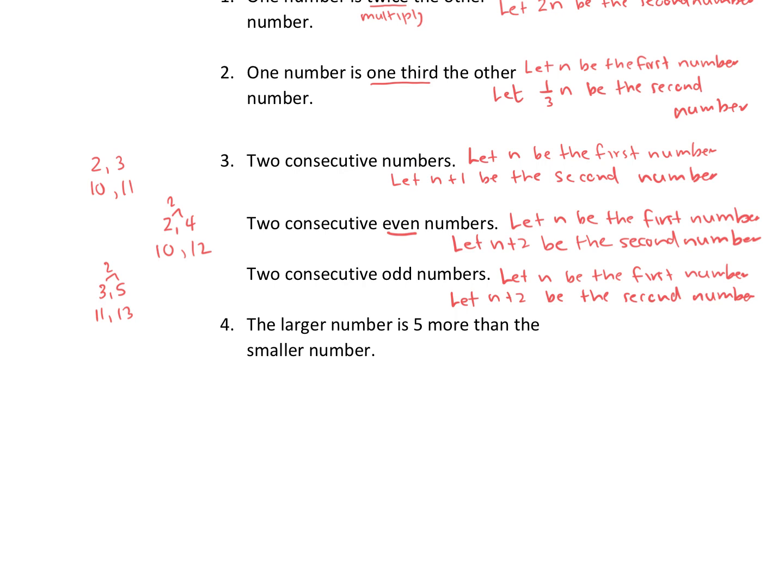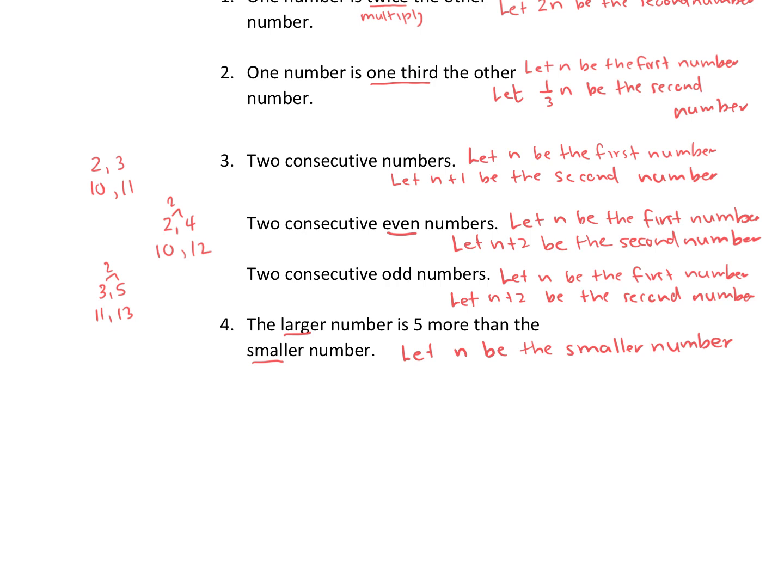Now here we have a larger number and we have a smaller number. So the larger number is described by the smaller number. So I'm going to let n be the smaller number. I don't want to use s because s kind of looks like a 5 sometimes, so I'm just going to use n.